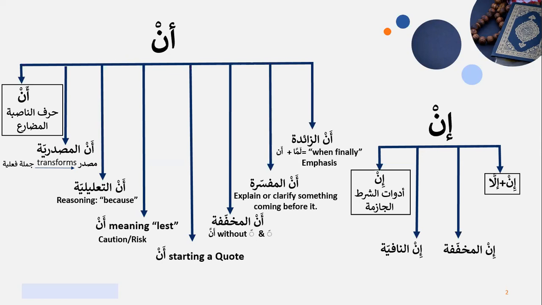An zaida is an extra an, but what it does is it puts an emphasis. It usually comes with lamma, and lamma means when, and when it comes with an, it means finally when. So it's adding emphasis. Now let's go on to in.